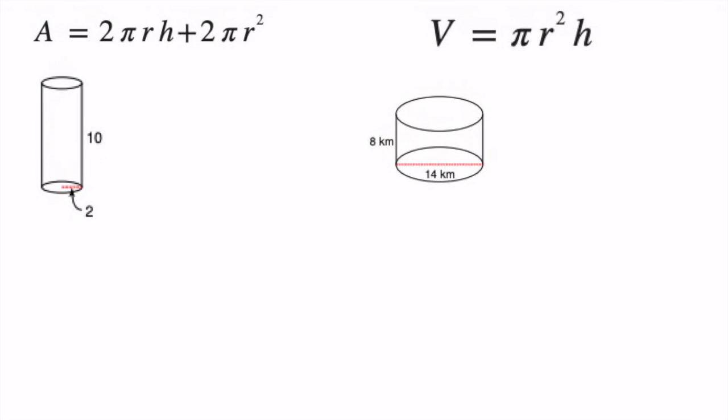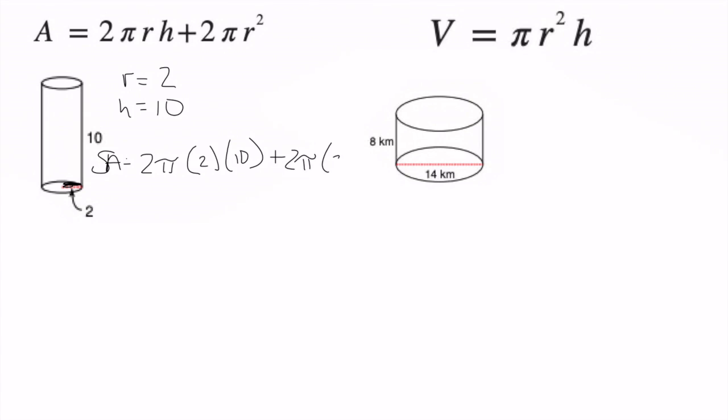Alrighty. Again, we're going to start by identifying our radius and our height in each of these. Our radius is down here, it's 2 with a height of 10. So our surface area equals 2 pi times our radius of 2 times our height of 10 plus 2 pi times our radius of 2 squared.